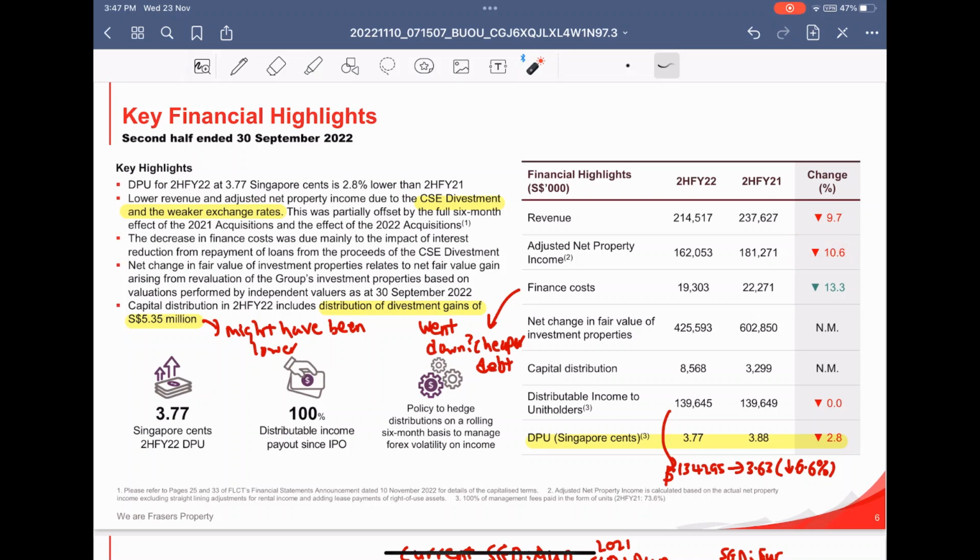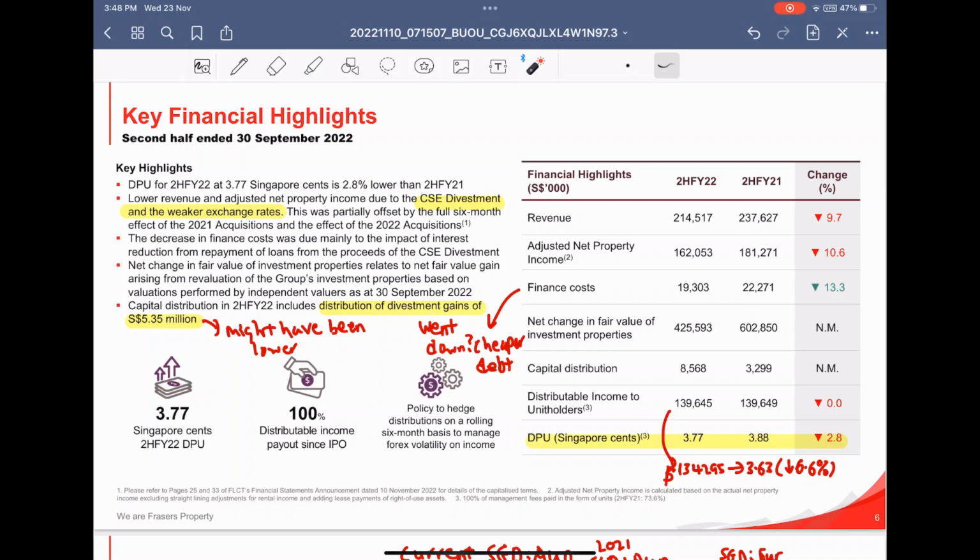So if you look at this important line here, capital distribution in second half of FY2022, which is now, includes the distribution from divestment gains of 5.35 million. So this is a very big red flag, because this means that even with this contribution, the DPU actually dropped by 2.8%.